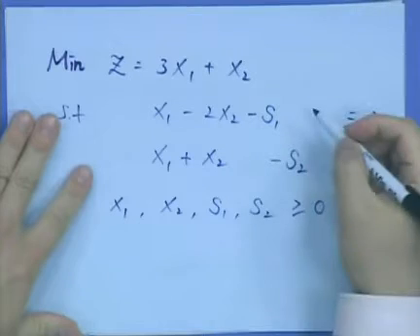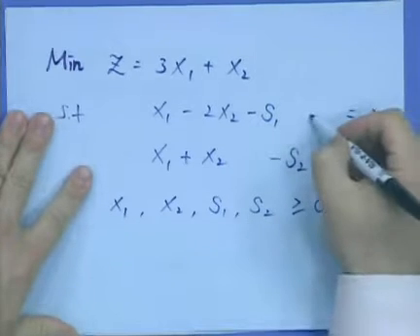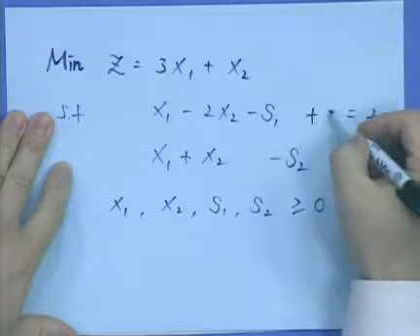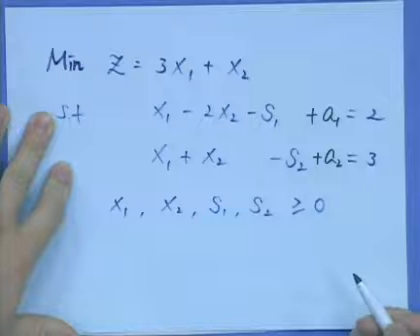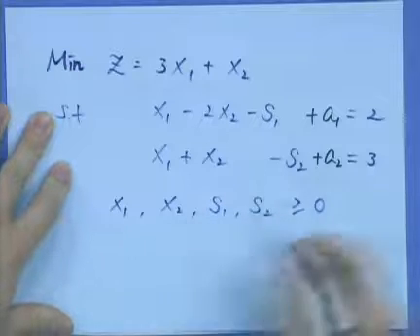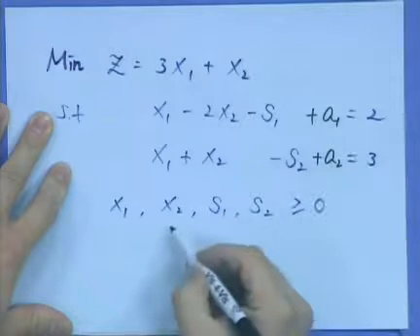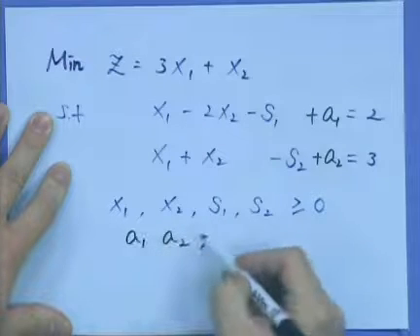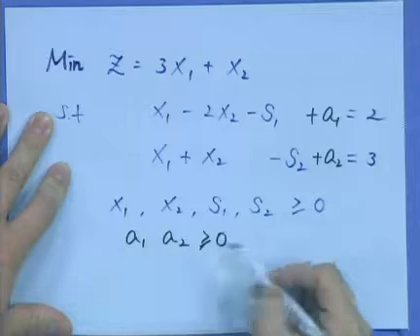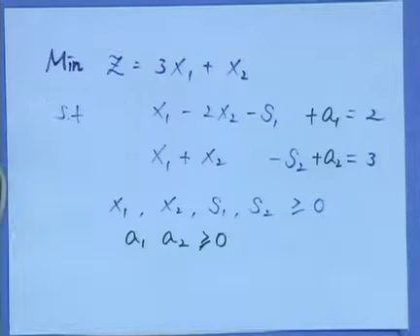And then we need to add an artificial variable for both of the constraints, right? A1, let's say A2. And we need to add the corresponding non-negativity restriction. So A1 and A2 are both greater than or equal to 0, right?